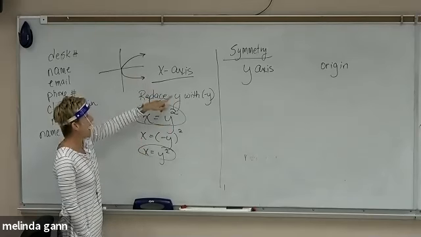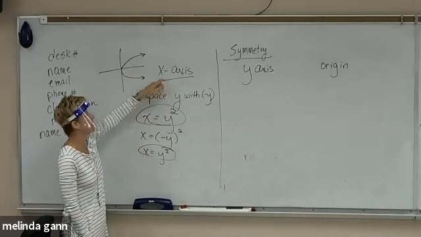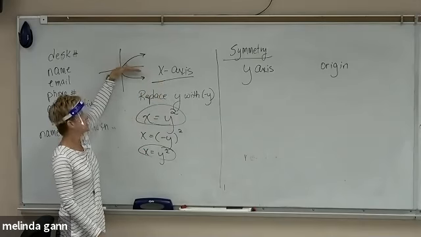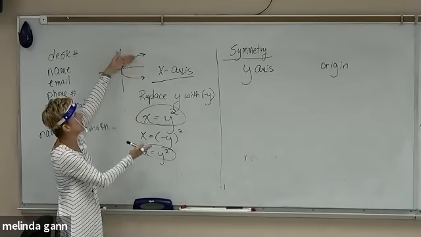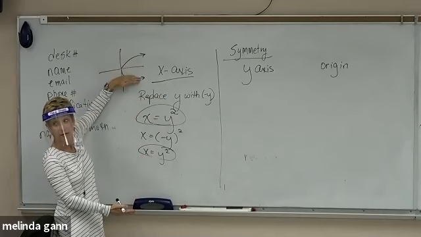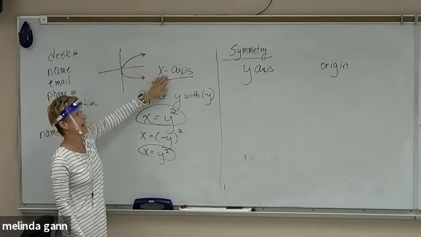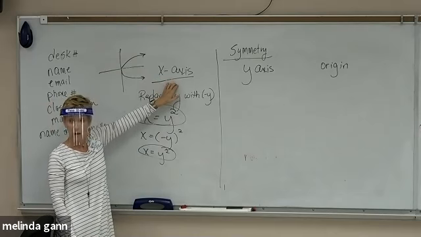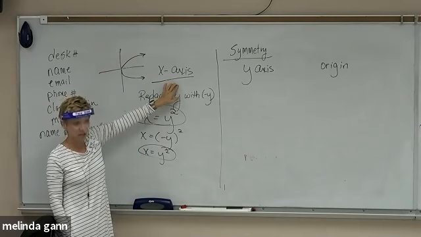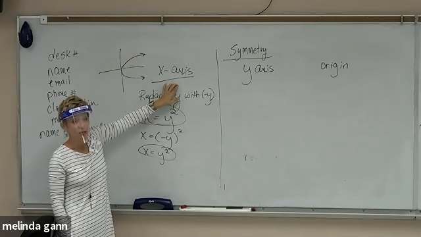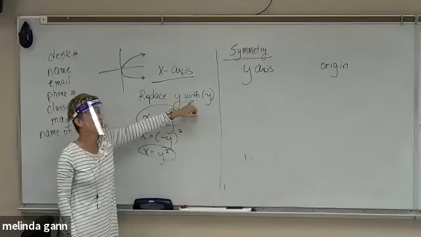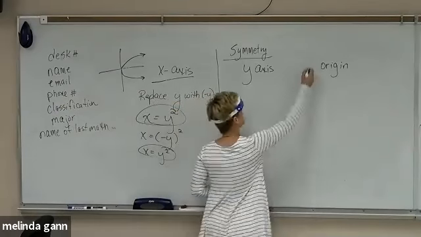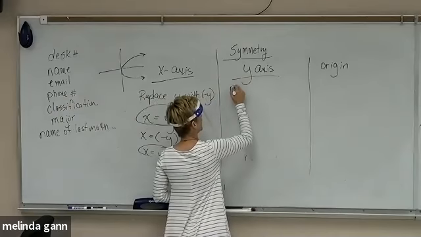Now, what x-axis symmetry means is if you fold along the x-axis, if I took my paper and folded it right there, wouldn't this fit right on top of that? So that's what x-axis symmetry means. This is where you would be folding. That's doing it pictorially. But doing it algebraically, you replace y with a negative y. If you want to check for y-axis symmetry, you're going to replace x with a negative x.